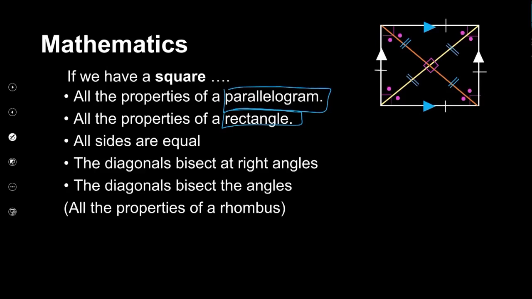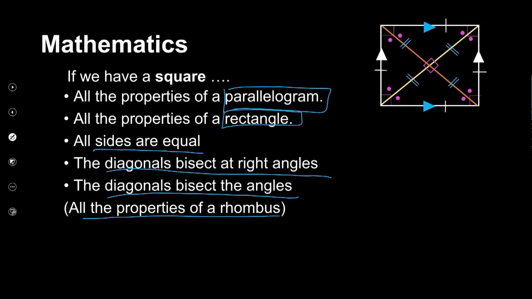Now I'm thinking, all right, what are the other properties? The other properties are that all sides are equal. Ching ching, now we are thinking rhombus. All right, the diagonals bisect at right angles. Rhombus again. The diagonals bisect the angles. This is a rhombus. So it means all the properties of a rhombus also do what? Hold in this particular shape.